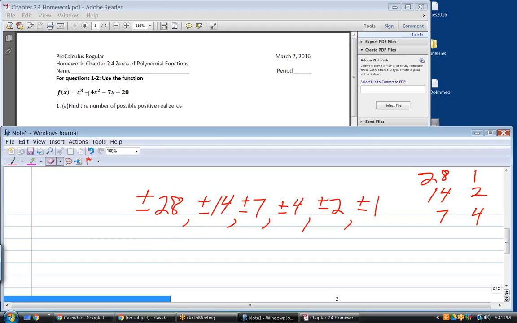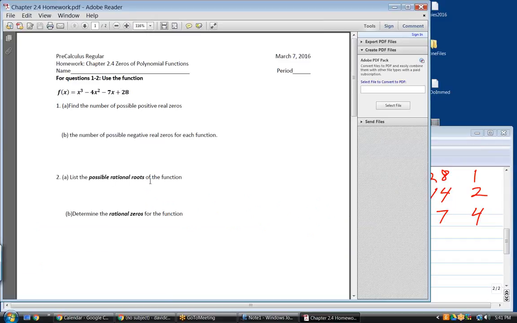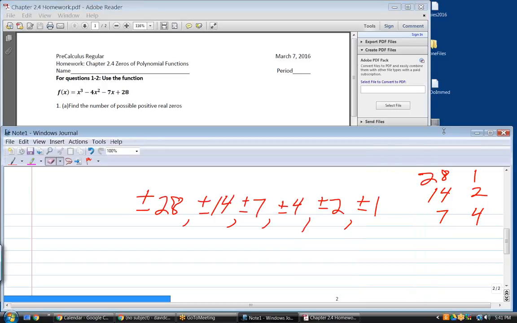You remember when we solved it, we came up with 4. Okay? So, list the possible rational roots of the function. Each one of these is one of them. There are 12 of them.